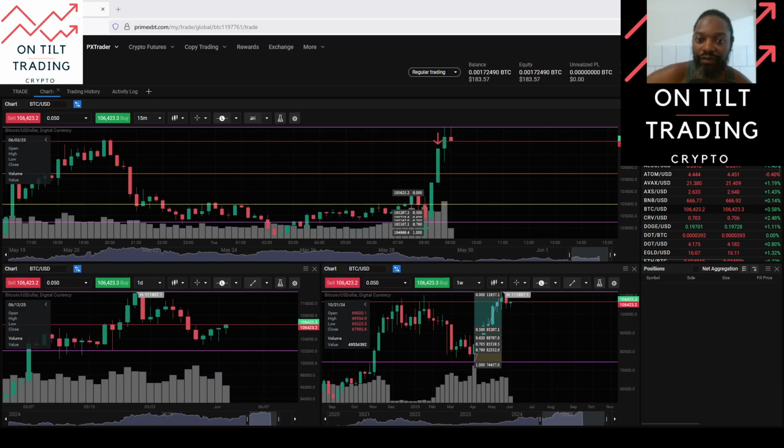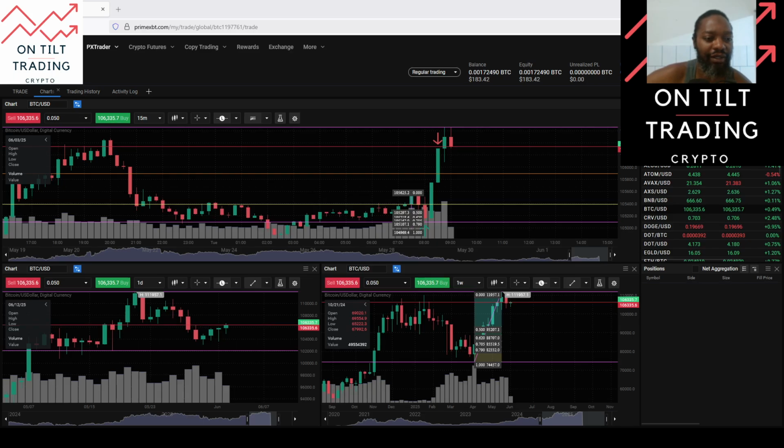Sometimes I leave some on the table, sometimes I get out at a really good time. Sometimes it doesn't even hit the 2 times the Fibonacci. So just as a point of consistency, I'm choosing a target here for exit. But this is my trade on Bitcoin today.